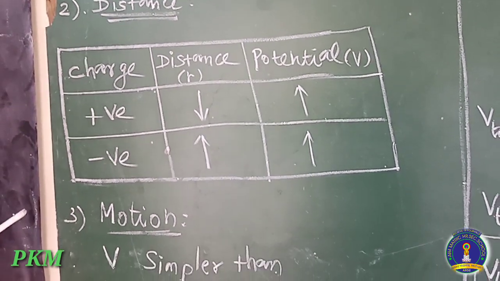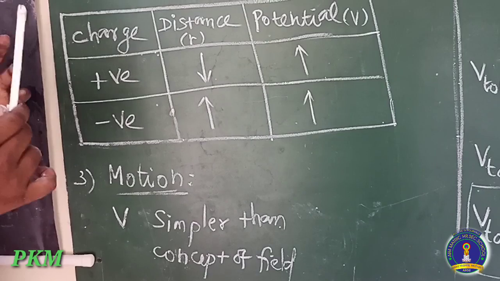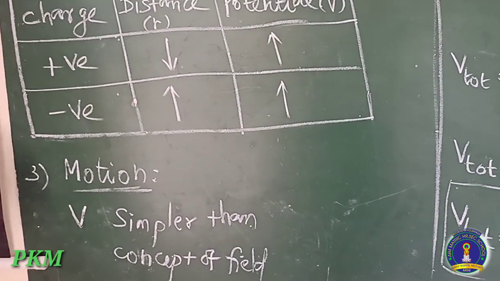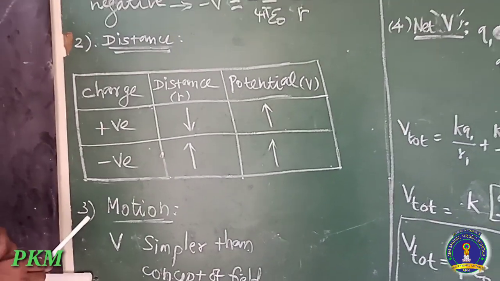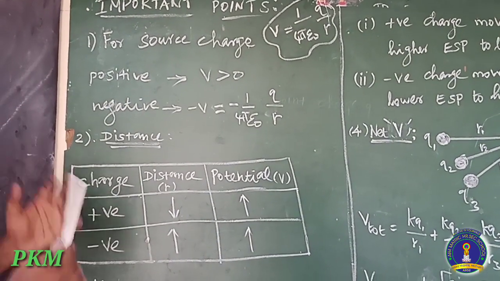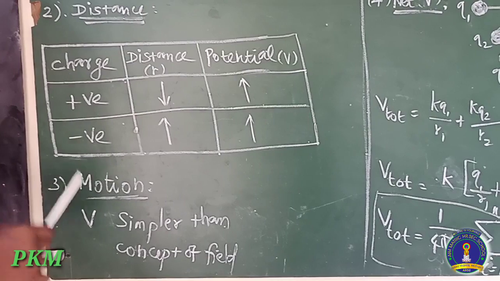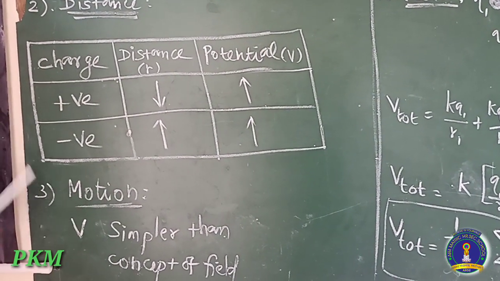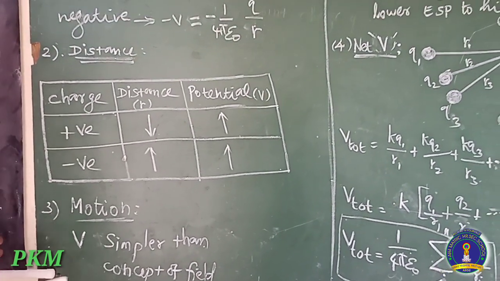Then the motion of charges can easily be explained by the potential, compared with the concept of field. You can easily explain how charges move from one point to another by the concept of electric potential or electric potential energy.